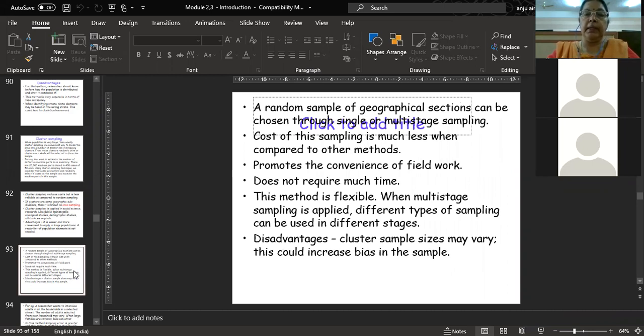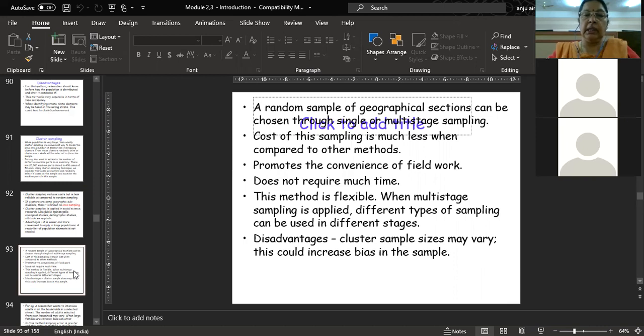You can just apply this cluster sampling technique and take out the sample from the population. So here in the random sampling technique, like it is used for geographical study, you can divide the geographical population into different levels or different areas by using a single stage or multi-stage sampling technique.